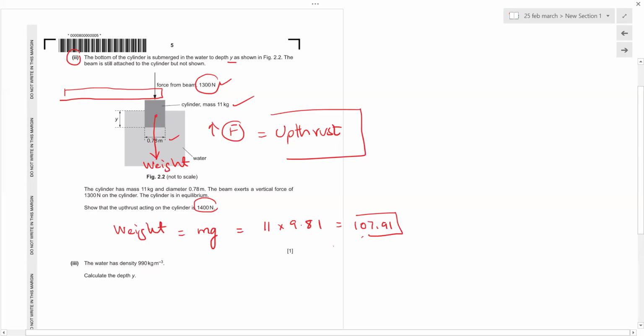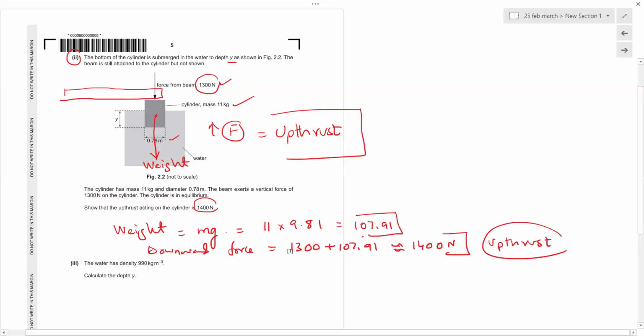No, that's only the weight. The total force is 1300 Newton, so the downward force would be 1300 Newton plus 107.91. That's almost 1400 Newton के आसपास आ जाएगा आंसर. So that should be the upthrust. See, मैंने upthrust को figure out किया है using total downward force.